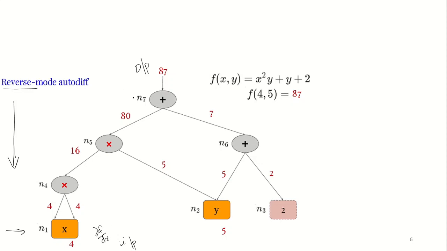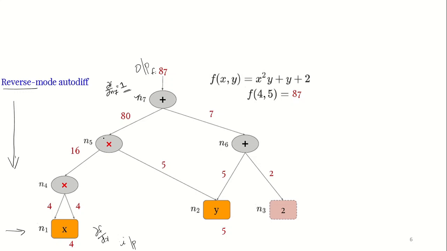Now we are going to start the derivation from this node n7, so we have to find dou f by dou n7. Since f is this one, the basic concept is that for the final output node, the derivative will always be 1. Dou f by dou n7 is always taken as 1.